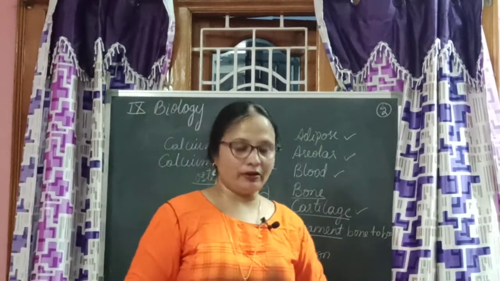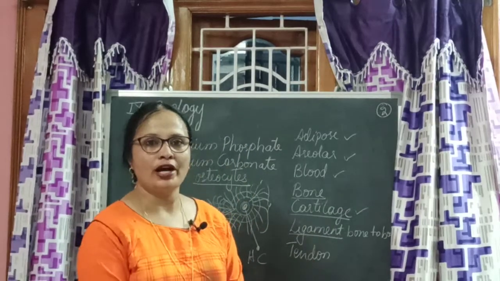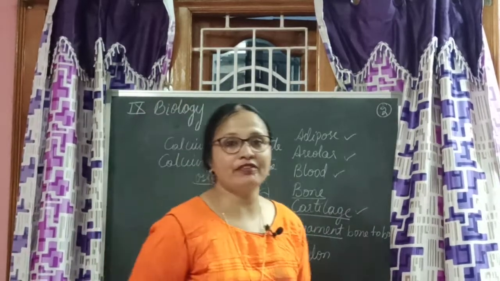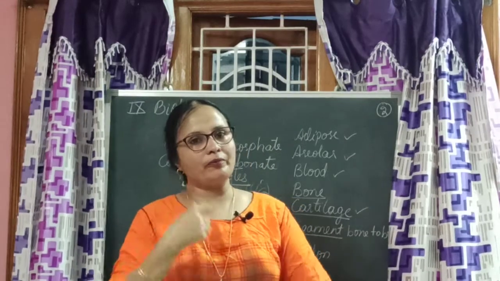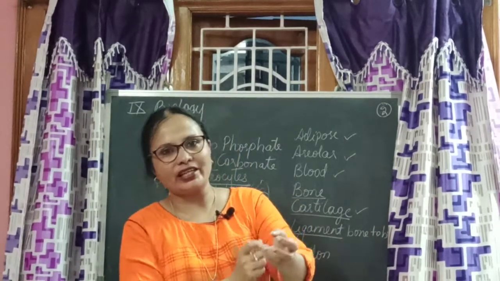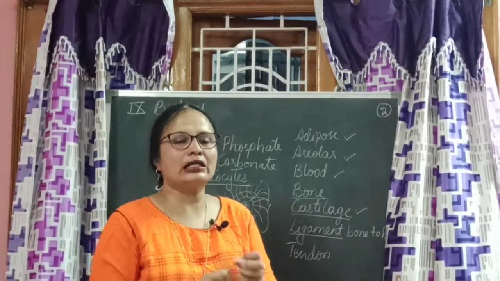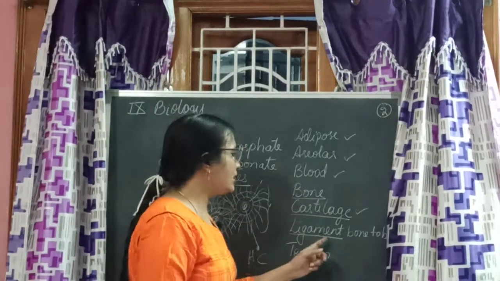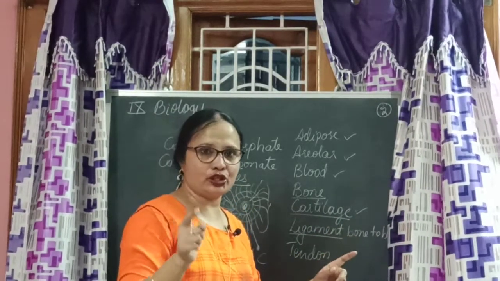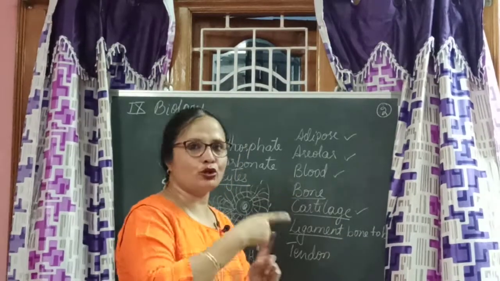For example, near your knees also. If the ligaments break, the bones will come out of the socket and free movement will be impossible and you will get discomfort. So ligaments are connective tissues which connect bone to bone.